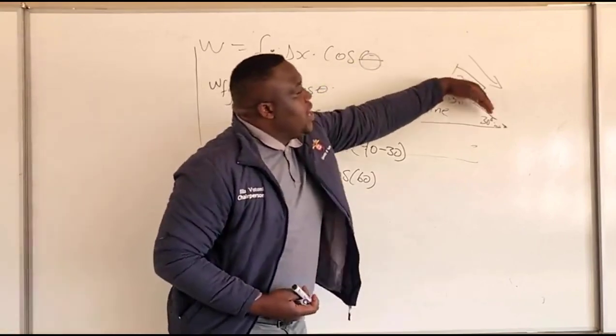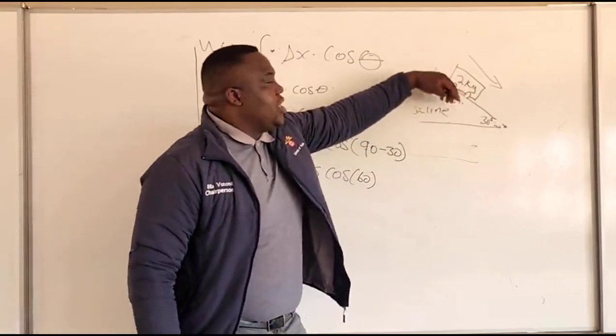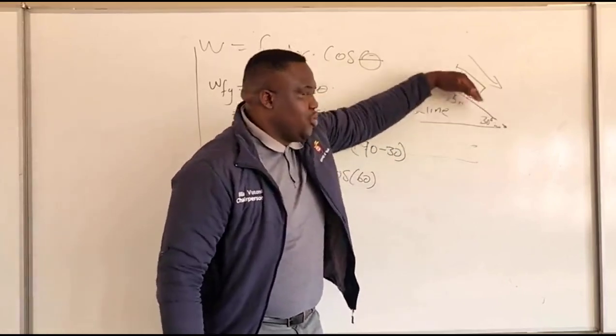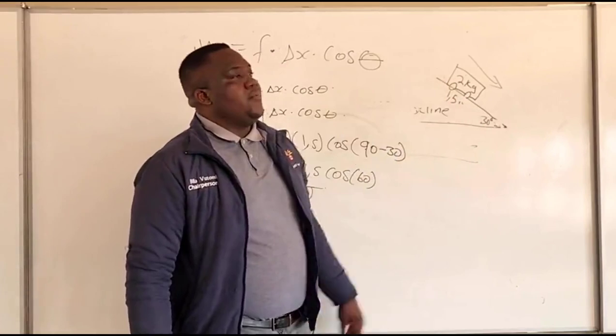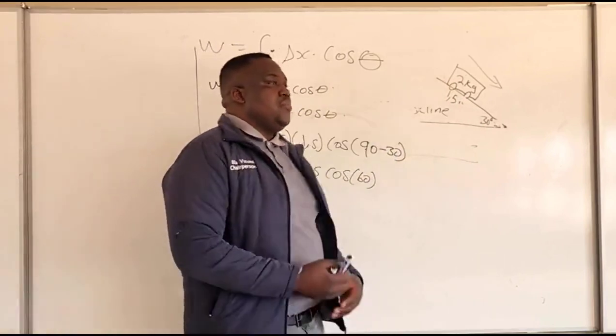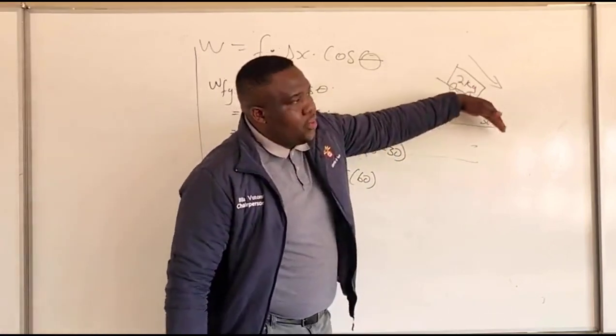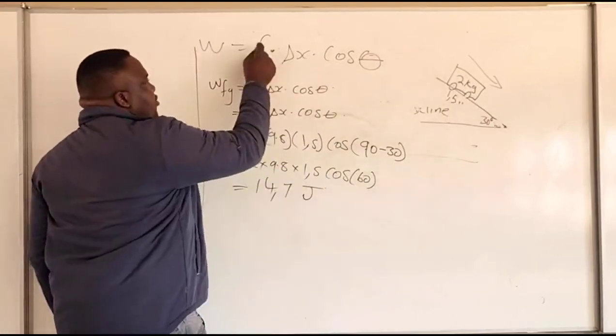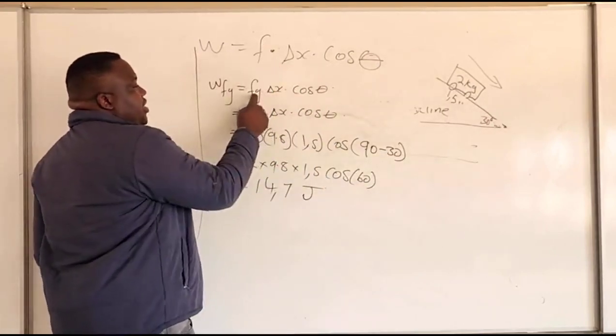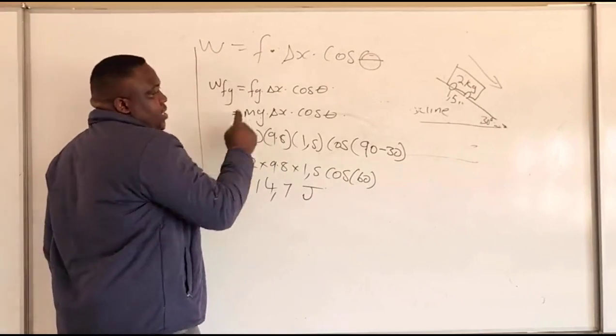Since the displacement is here, and I told you that the force which is pushing an object to move down is the gravitational force parallel, Fg parallel, it means we need to calculate Fg parallel. The force in this formula, this Fg, is Fg parallel.